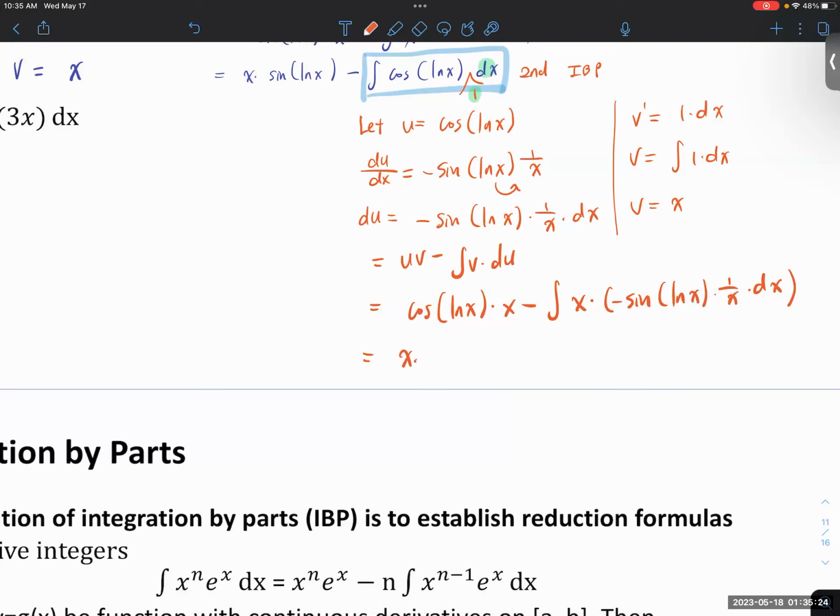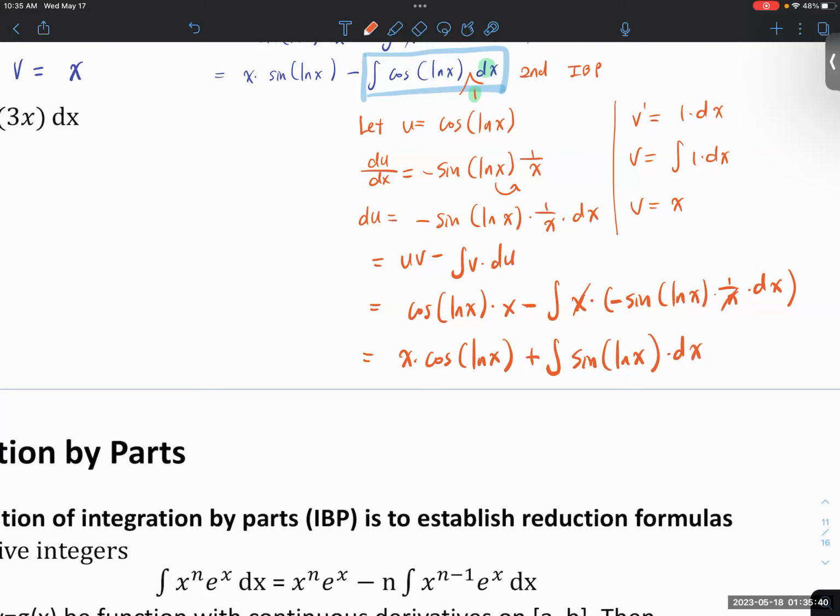Again, x I can bring to the front. I can cancel, double negative changes to positive, x cancels. So we have only sine ln x dx.